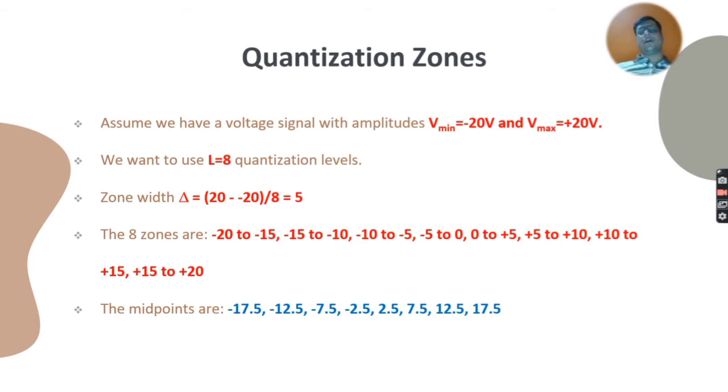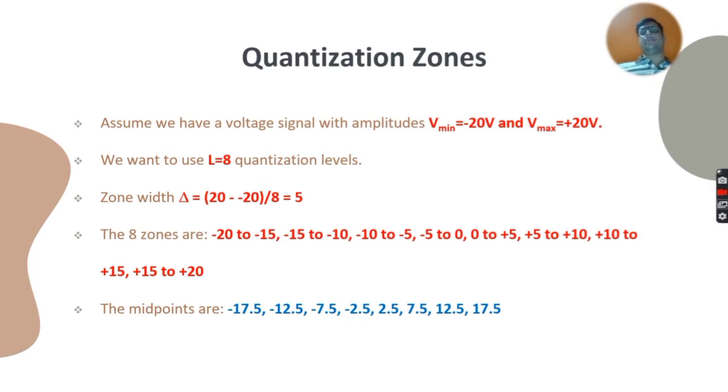Now the 8 zones, how are we going to assign them? First, the step size del is 5. So from minus 20 to plus 20, the ranges will be identified. First, minus 20 to minus 15, minus 15 to minus 10, minus 10 to minus 5, minus 5 to 0, 0 to 5, 5 to 10, 10 to 15, 15 to 20.